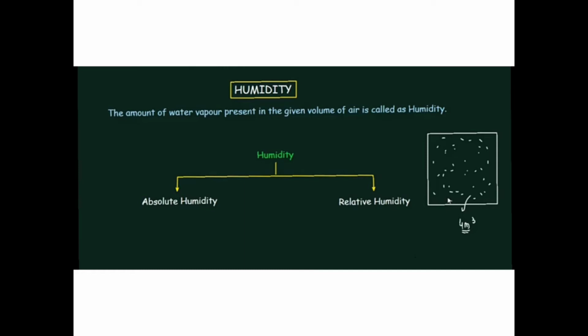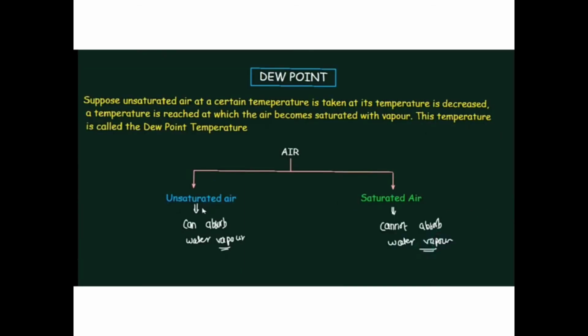Now let us have something which makes you understand, children. The saturated air does not have any more capacity to absorb the water vapor. I can explain with the help of one example here. Say there is one container in which I can have 100 ml of water.